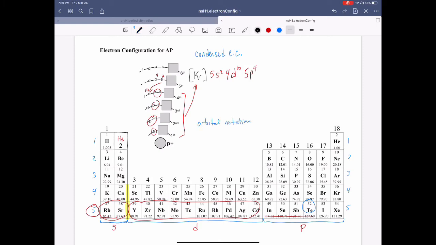Orbital notation means write a circle or a line to represent each orbital in the subgroup. So these 5 circles or 5 lines are representing my d electrons. This is representing my s electron, and then I'm going to finish with 3 more circles or 3 lines.